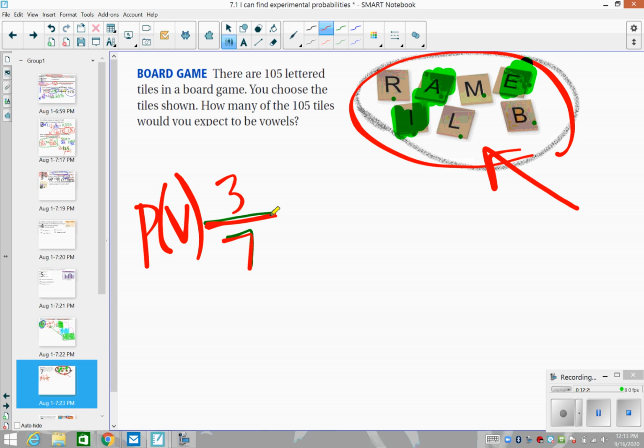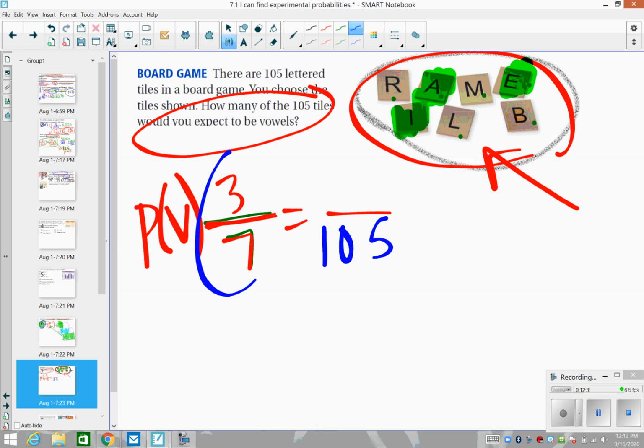That's my experiment. Now we could convert that to a percentage, but the question is asking us to make a prediction for the board game of 105, using our sample. This is a situation where I'm going to use my cross products. So 105, multiply across.